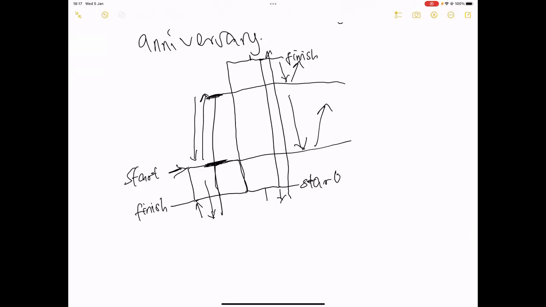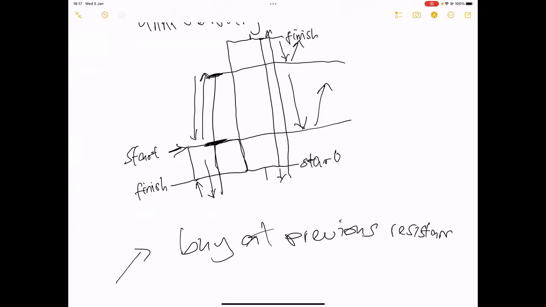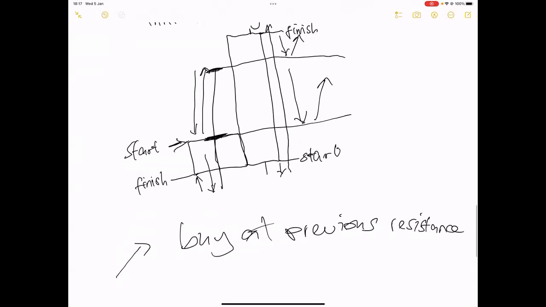So that serves as a guideline for buy, because in an uptrend, we buy at previous resistance. And this is a previous resistance. This is another previous resistance.